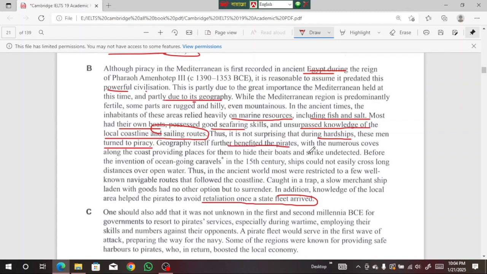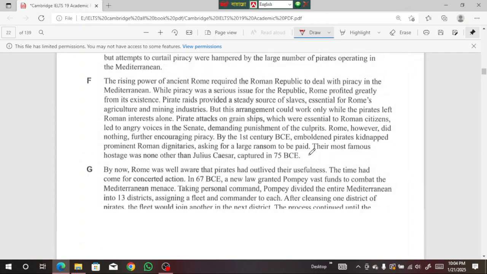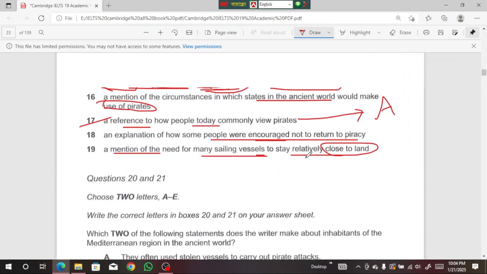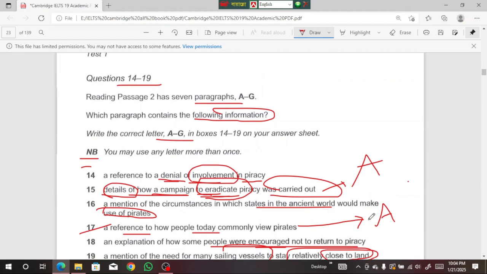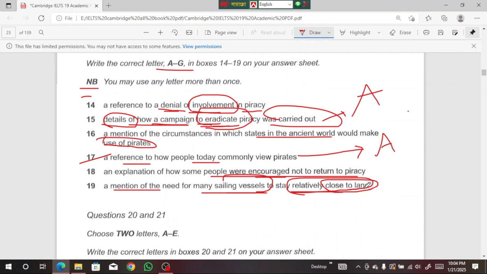We can say there are a lot of sea areas and land. The sea area has the need for many sailing vessels to stay relatively close to land, because their life basically needed marine resources. So we can say question 19 is answer B.